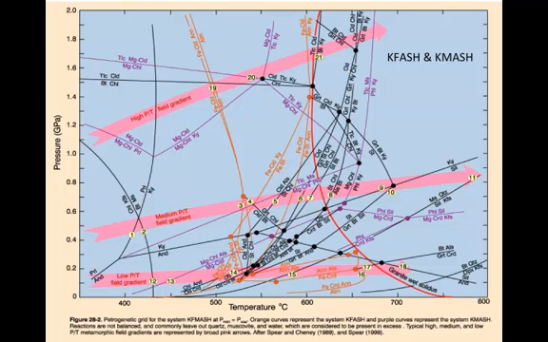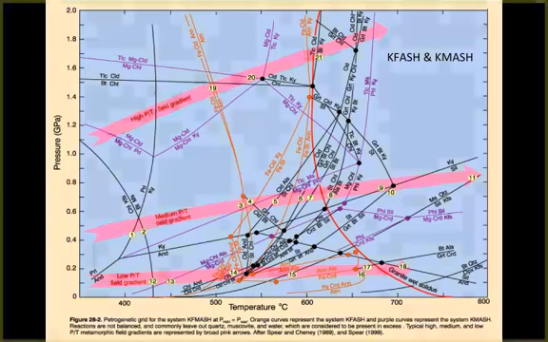So when we put a lot of these different stability fields and phase diagrams together, what you end up with are phase diagrams like this that represent many, many different mineral reactions in a pressure temperature space. And this one, believe it or not, is a relatively simple phase diagram.